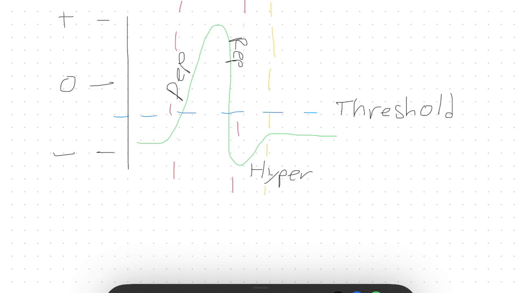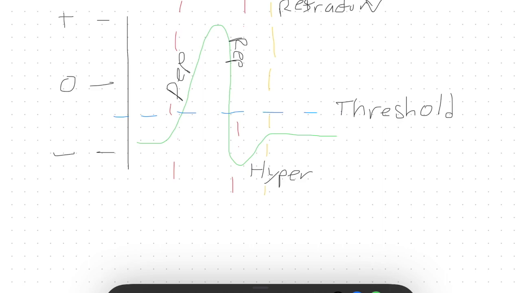And then after it repolarizes, it actually hyperpolarizes. The membrane potential briefly becomes more negative than it was originally. The refractory periods are periods during and after the action potential where the neuron is less responsive to another stimulus.